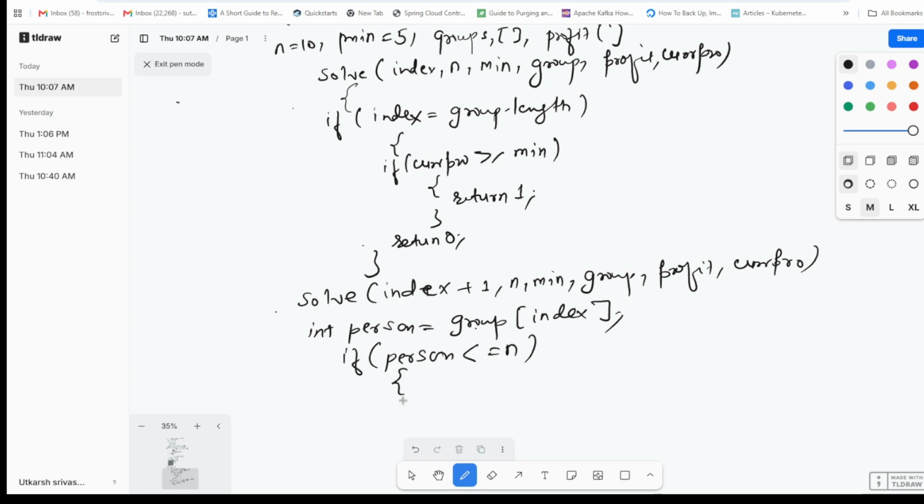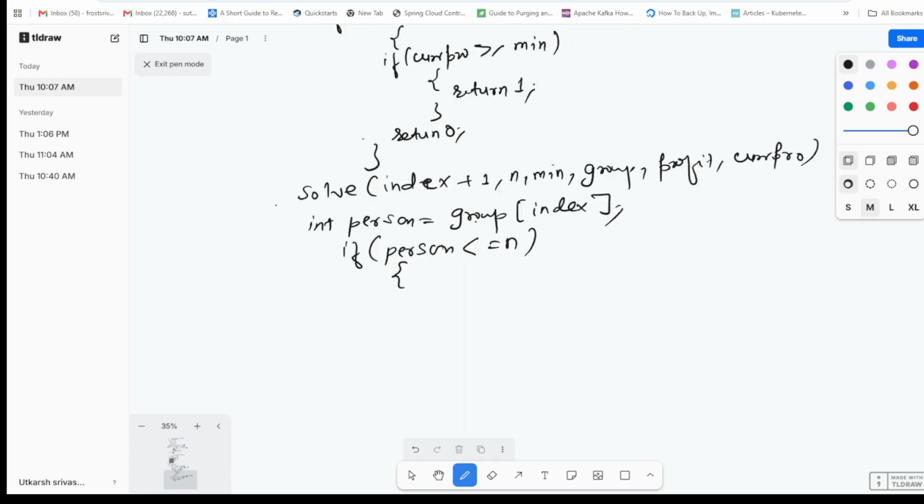Then only we can take it, otherwise we will not be able to take it. So if the number of persons is less than or equal to n, then we will be able to take that. So now it will be index plus 1. Since we have taken that group of persons, the number of persons will now decrease for that path, right?